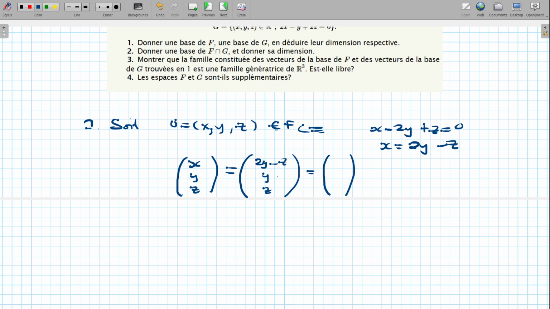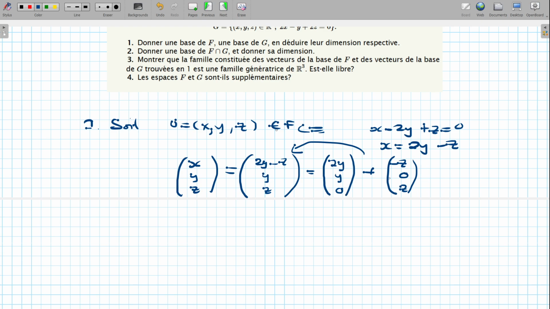Then you're only left with the first one, so you have 2y, y, 0. Then, taking y equal to 0, we get minus z, and then 0, and then z. If you add these two vectors, you get back to this vector that we have here. So 2y plus minus z is 2y minus z, and then y plus 0 is y, and then 0 plus z is z. C'est très facile.